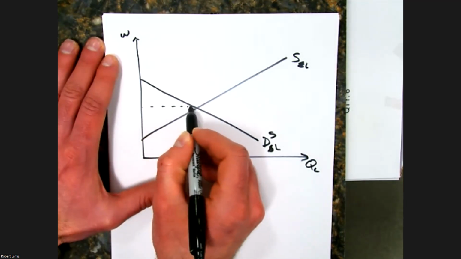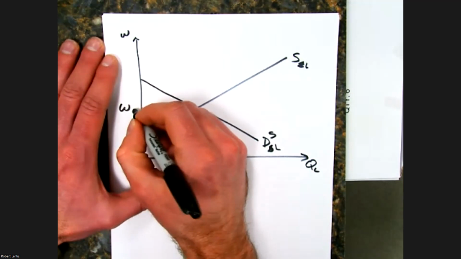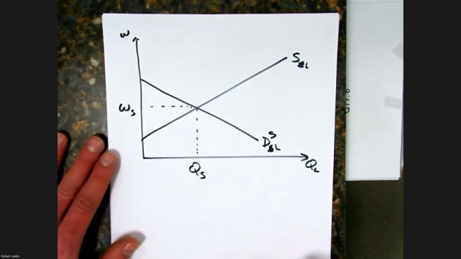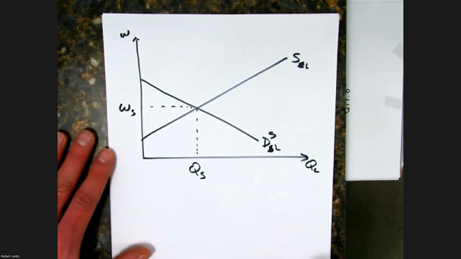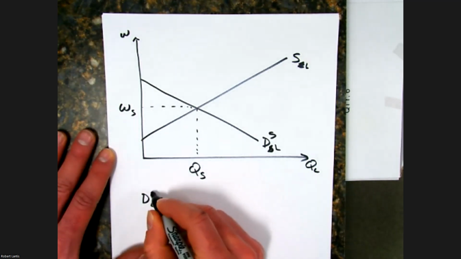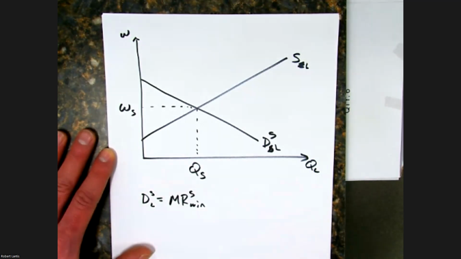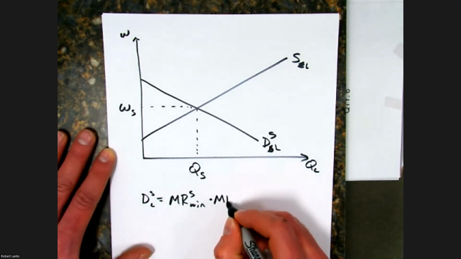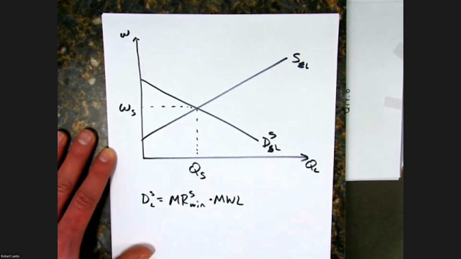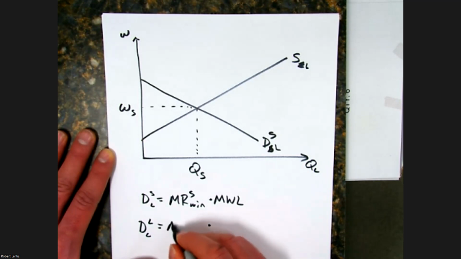So we would predict that here are the wage and quantity, the equilibrium from that small market team for this specific player. Now, if we remember that the demand curve for labor comes from the marginal revenue per win times the number of additional wins the player is going to bring in, what do you think is probably true?